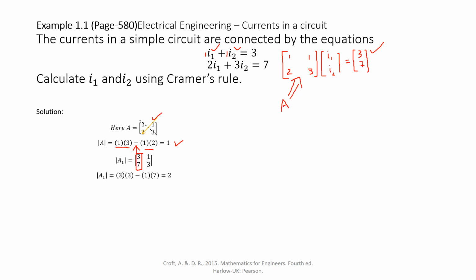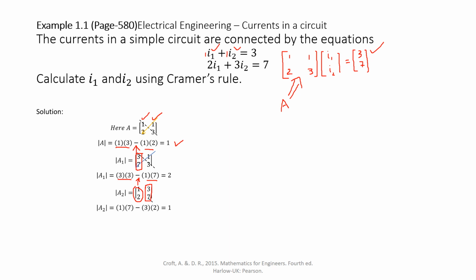Now we solve it, so 3 into 3 and 1 into 7, and I told you minus is part of this definition. Now A2: this time 1 and 7 is placed in the second column, and if you see, 1 and 2 is the actual column.